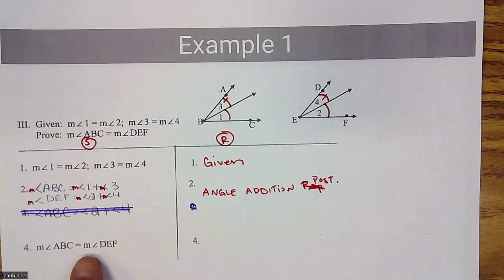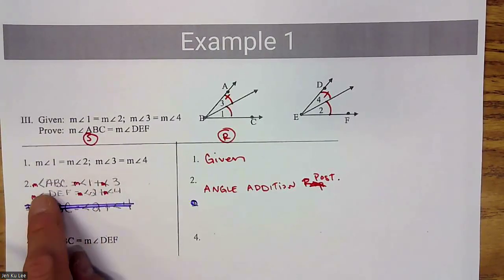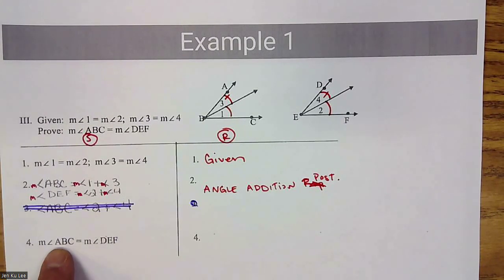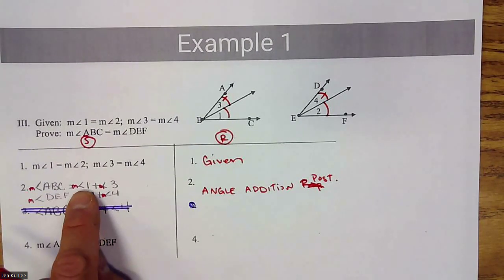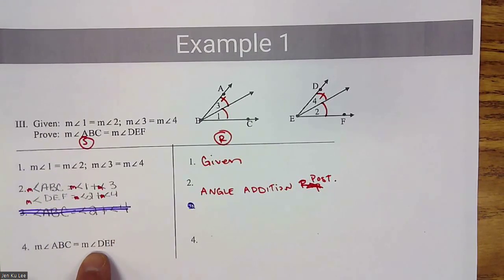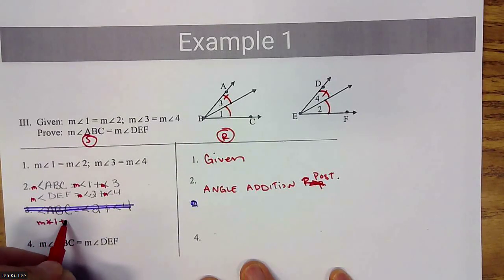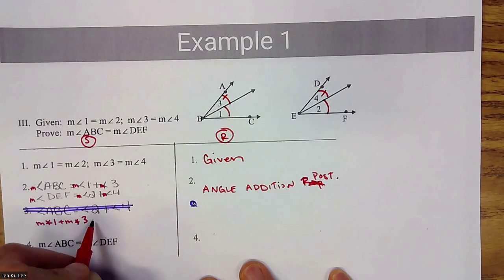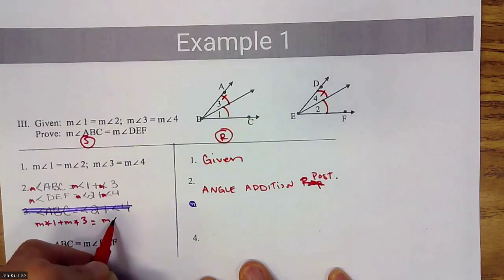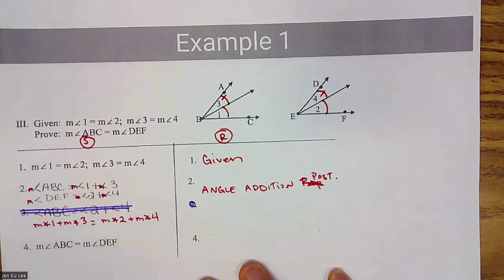So now can I say this, class? From here? If measure of angle ABC is equal to measure of angle 1 plus measure of angle 3, I can actually say, class, measure of angle 1 plus measure of angle 3 is equal to measure of angle 2 plus measure of angle 4.